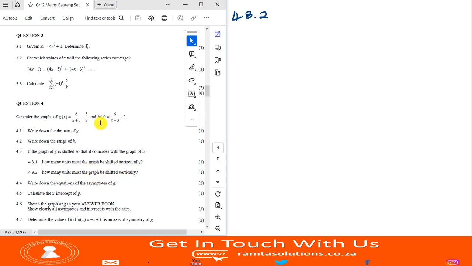So for the graph to be shifted vertically, here's a thing that I want you to understand. g is at -3/2, which is equivalent to -1.5. When you look at h, it's at +2.